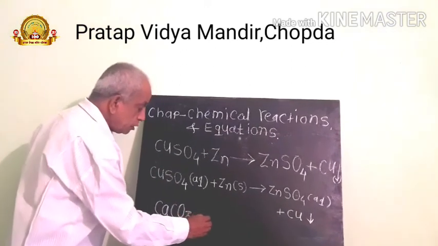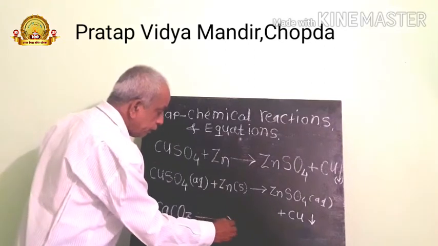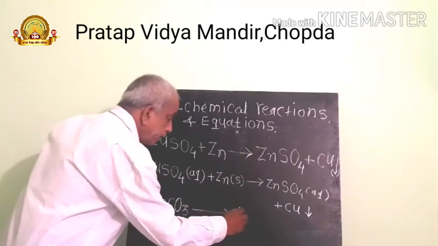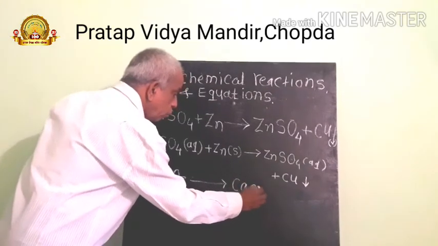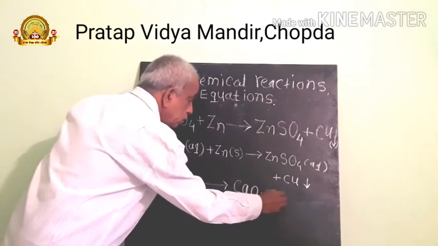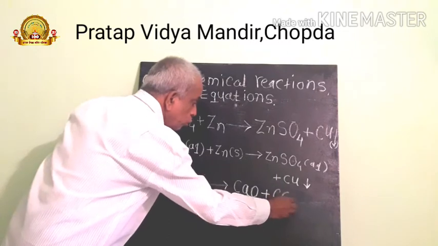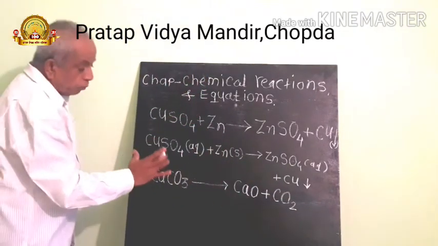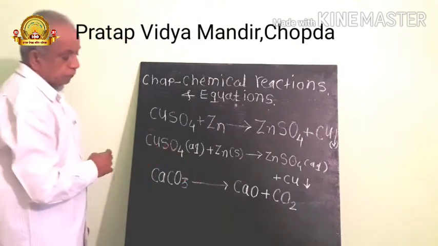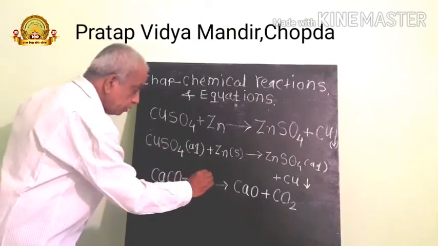When calcium carbonate is heated, we get calcium oxide, CaO, and CO2 gas. Now here, for completion of this reaction, heat is given.